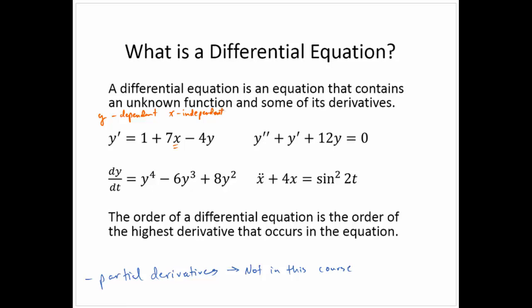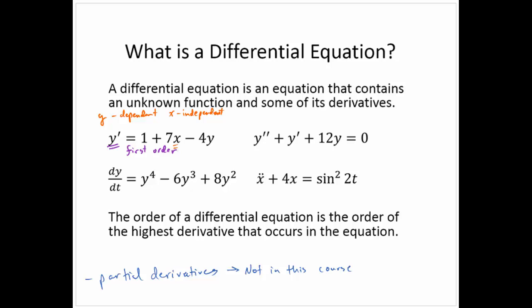Now, the order of a differential equation is the order of the highest derivative that occurs in the equation. So since I see a y prime, I would say that this is a first order differential equation.